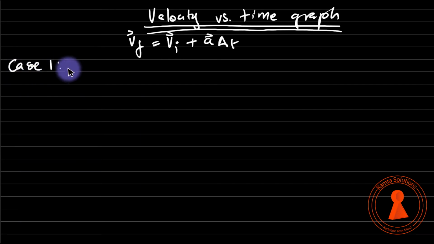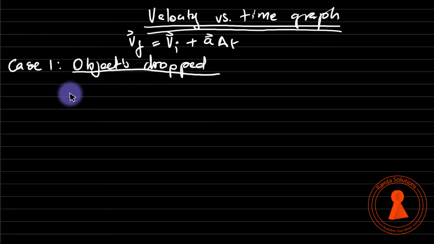Case 1 is a case where an object is dropped to hit the ground. When an object is dropped, something you should know is that initial velocity is 0 meters per second. So this means our y-intercept is at 0.